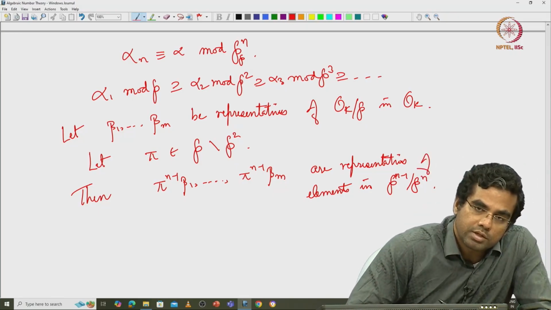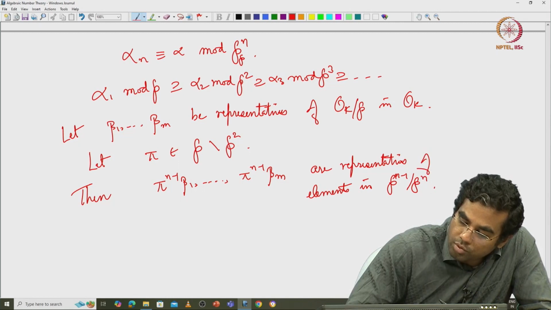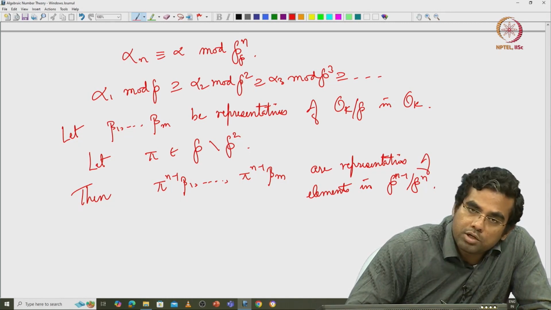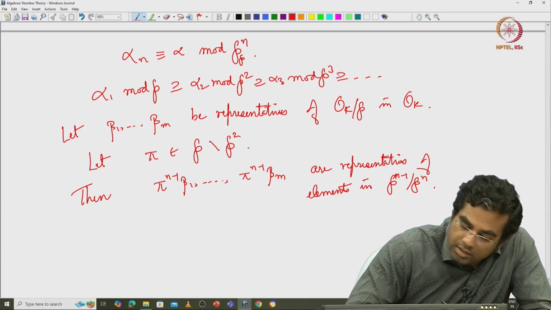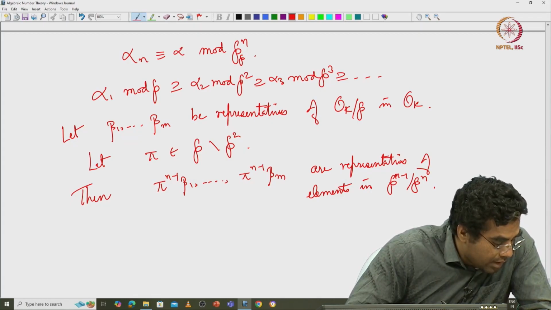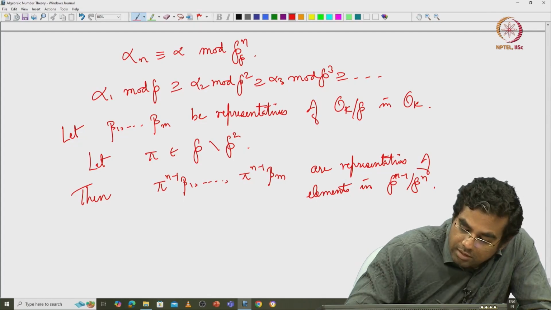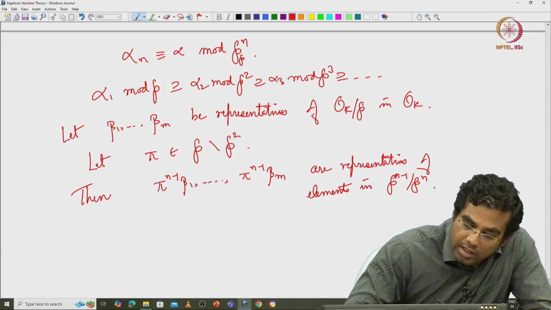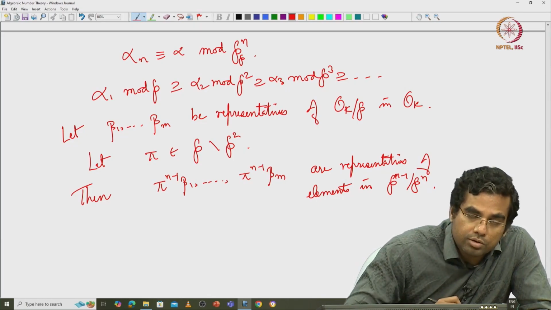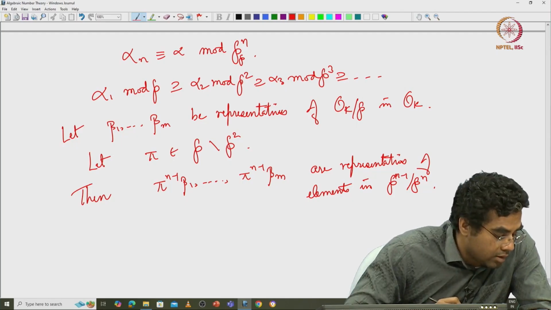There is an isomorphism between OK mod P and P to the n minus 1 mod P to the n. Right. We looked at this a long time ago, and so that gives you this statement. It is not entirely clear if you do not remember that. So, I encourage you to prove this yourself, or at least deduce it from what we have done before. Okay.